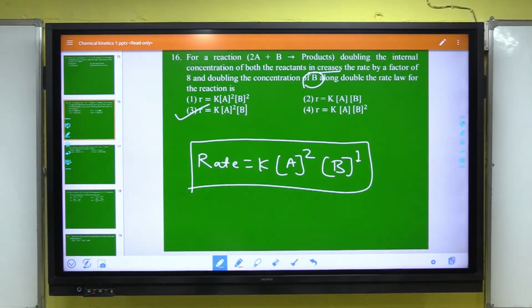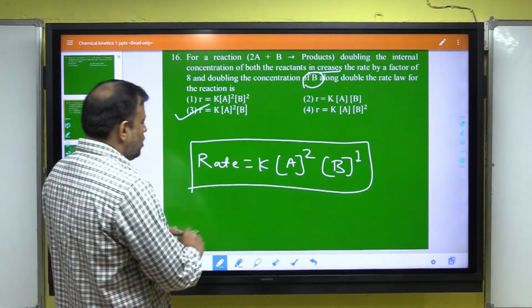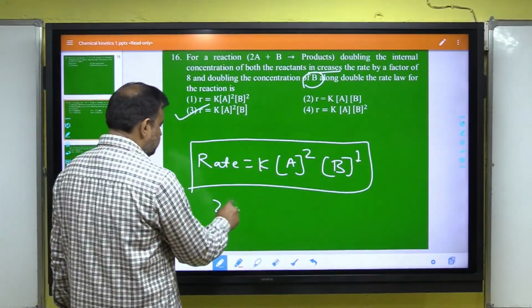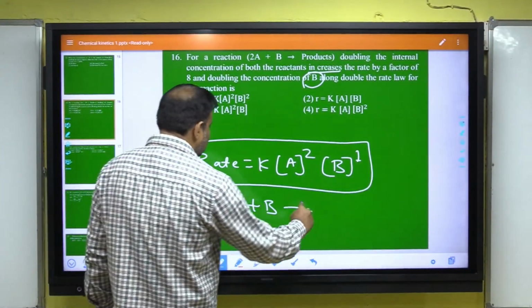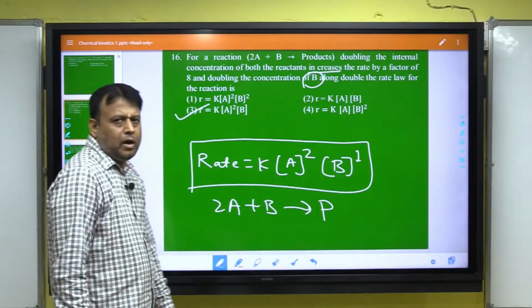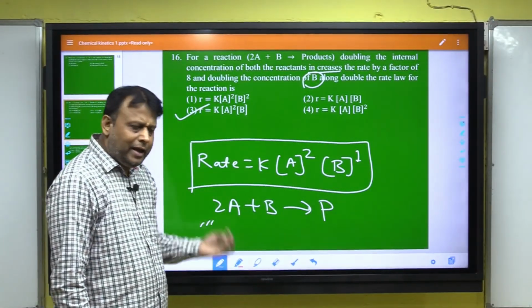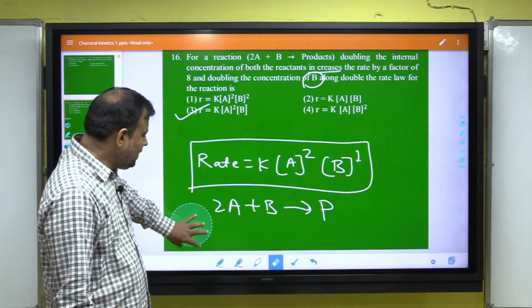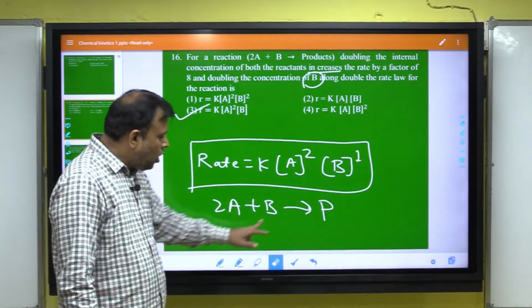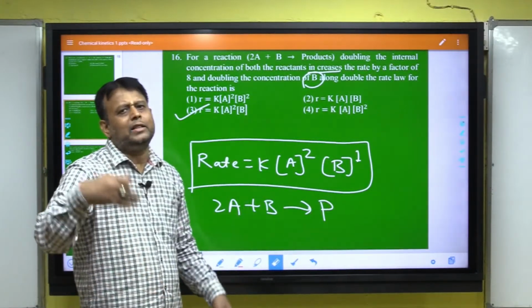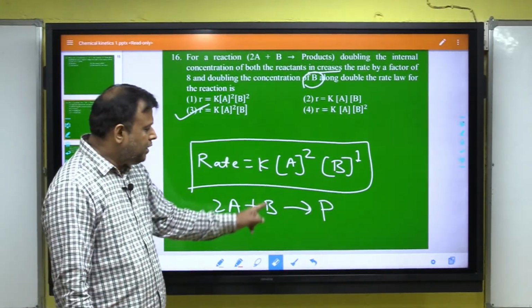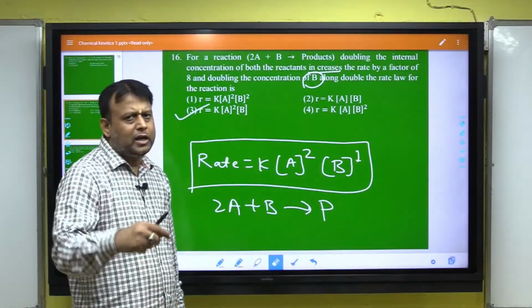Listen. The equation is 2A plus B converts into P, and it is not elementary. Hence, in the question it is given that when the concentration of both doubles, the rate increases by 8 times, and due to B the rate increases by 2 times.